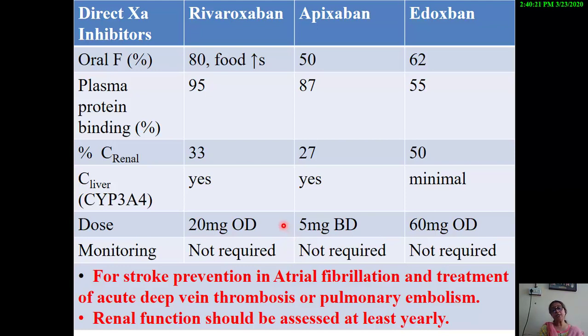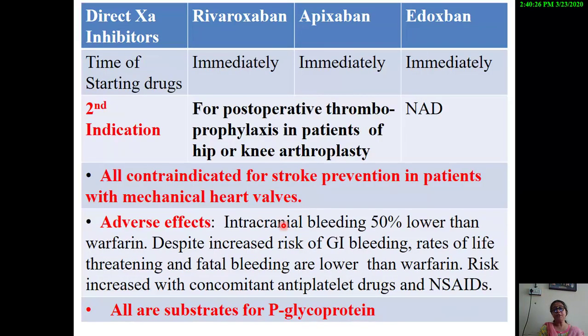Something about the time of starting these drugs is that there was some confusion earlier, where in certain textbooks it was mentioned that with edoxaban bridging should take place with the parenteral anticoagulants, and the rationale was not clear for that, because all three of these compounds, rivaroxaban, apixaban, and edoxaban, have a fairly rapid onset of action.